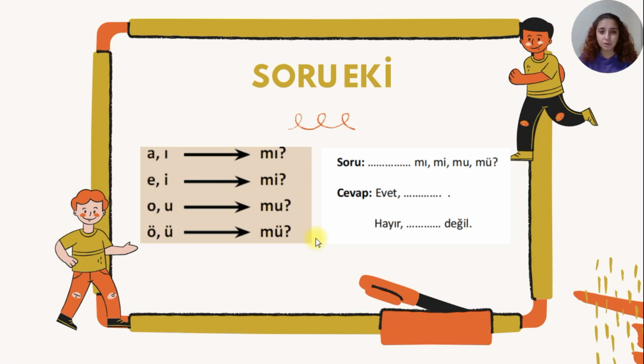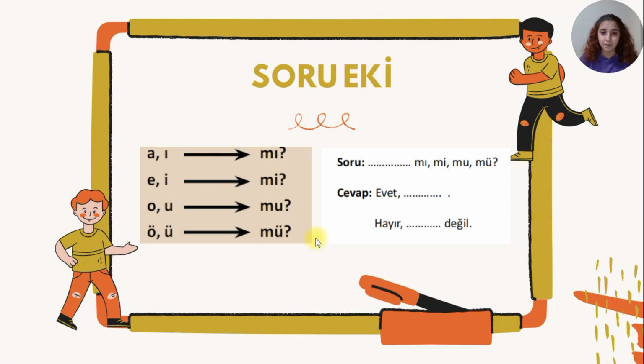If you already have question words, for example, how, when, why, what, who, how much, how many, where, those question words are enough to make a question in Turkish. And we won't use the m, mı, mi, mu, mü question suffix in those kinds of questions.